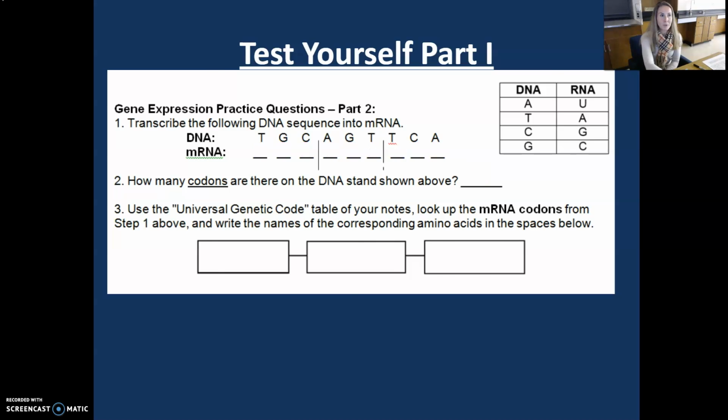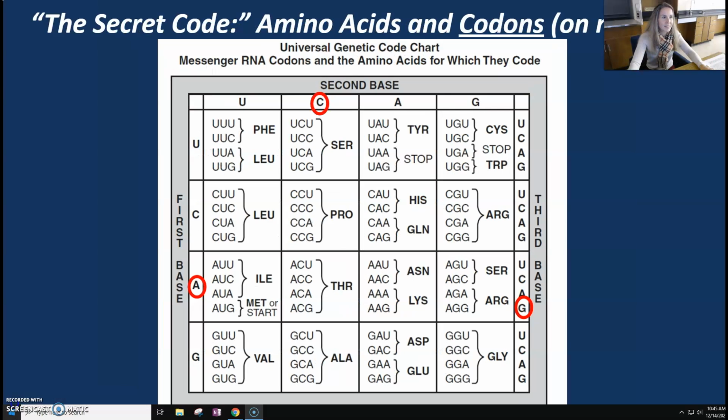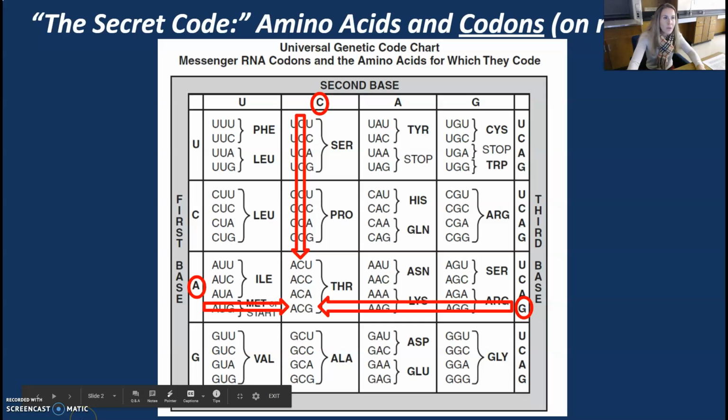Let's go back to our previous slide and look for ACG. So we look for our first base, A, our second base, C, and our third base, G, and I've circled them for you. Next, let's see where we need to go. So we follow the C down to the A row, and then we follow the A to the C column.